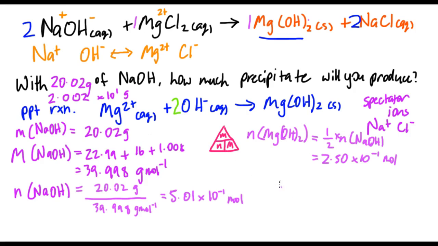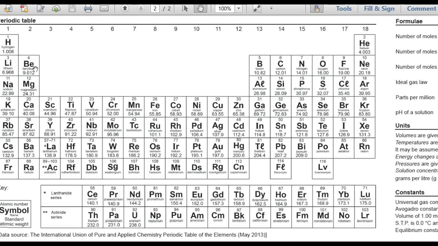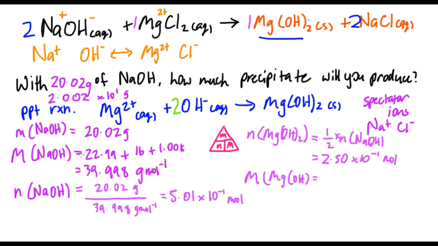Let's use our little triangle. Let's figure out the molar mass of magnesium hydroxide. So let's have a look at our periodic table. Magnesium is 24.31 and oxygen is 16 and hydrogen is 1.008. However, we have 2 hydroxides, so it's going to be 24.31 plus 2 times (16 plus 1.008).